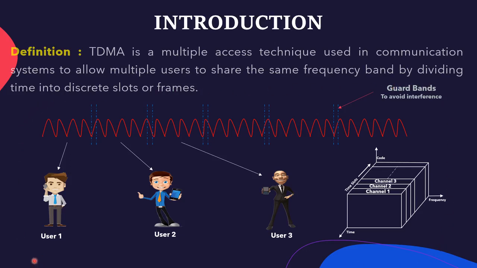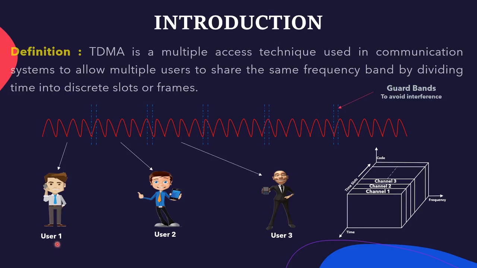I believe you must be familiar with FDMA. FDMA is slightly different compared to TDMA. In FDMA, every user will have a different frequency, but in TDMA, every user will be using the same frequency, but they will have a different time slot for every user.